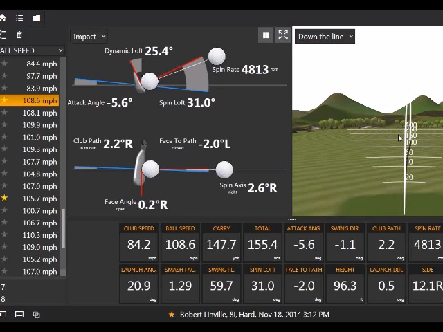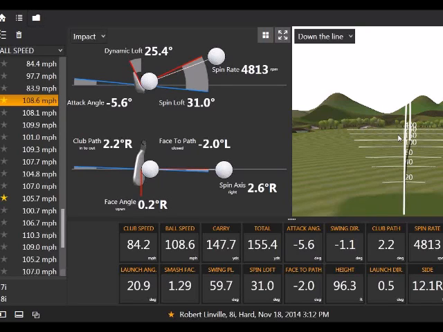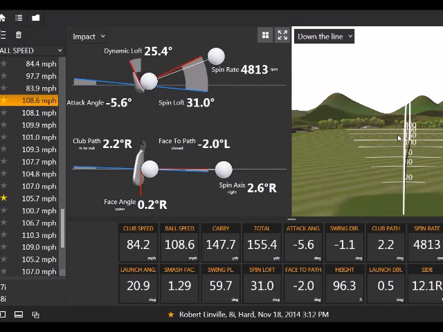And as it's gone, they have kept working with it, and now, obviously on the tour, you go to a tour event on Tuesday and you'll see 15 or 20 of them out on the practice range. So certainly it's a great information device. It's a radar tracking device. It gives us a lot of information that we weren't able to get before.